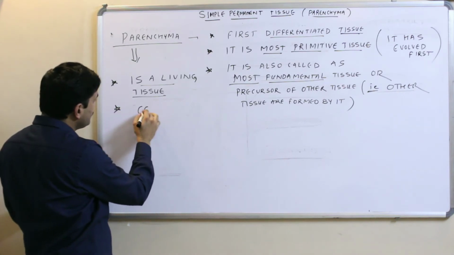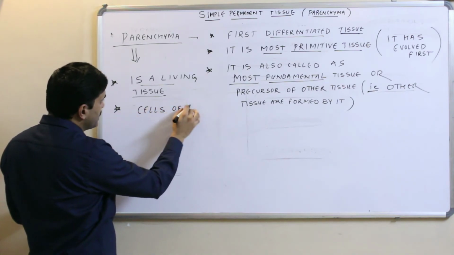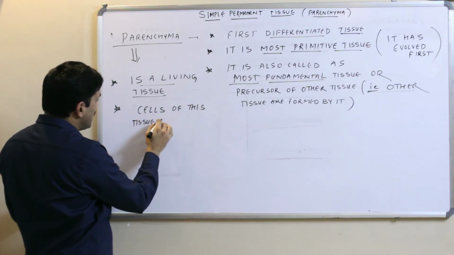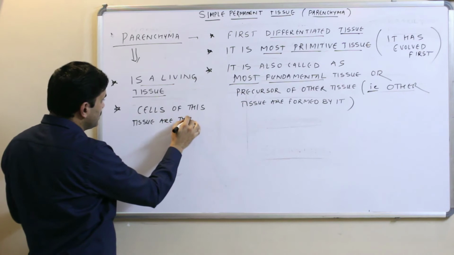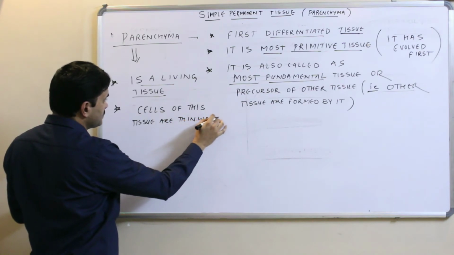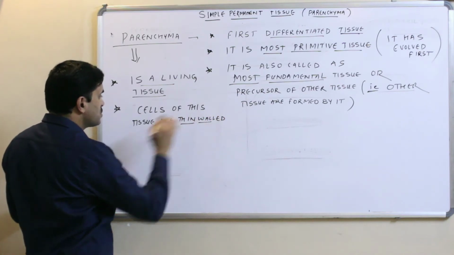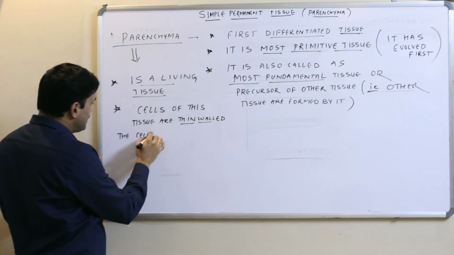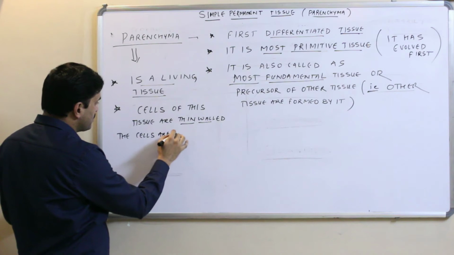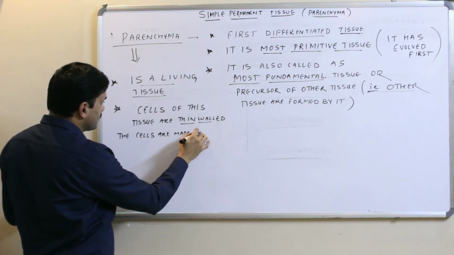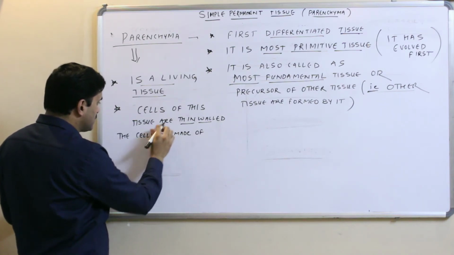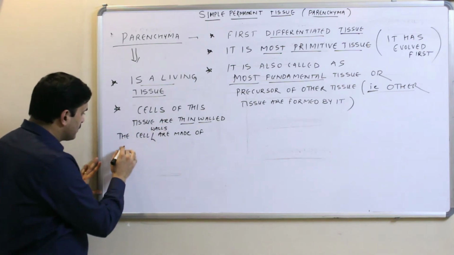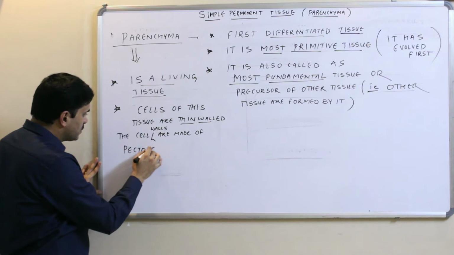And the cells of this tissue are thin-walled. The cell walls are made of pectocellulose.